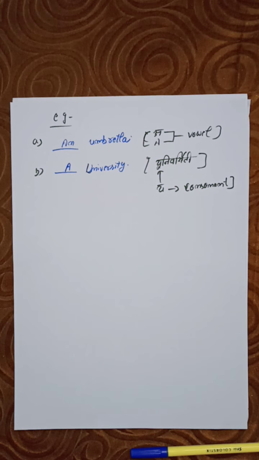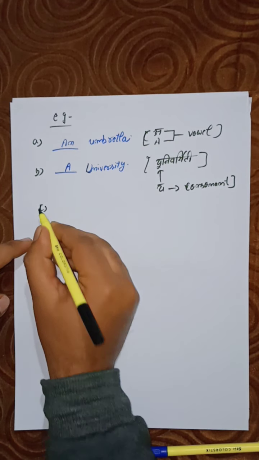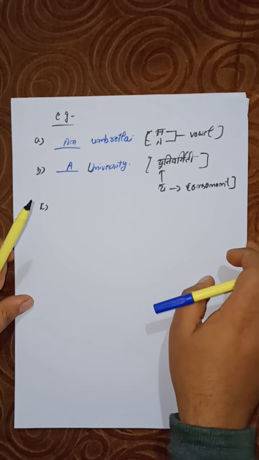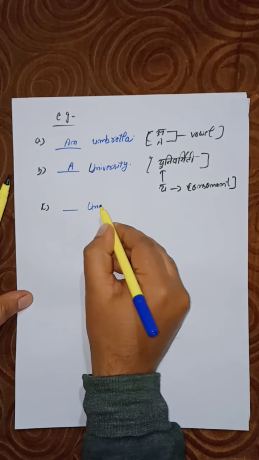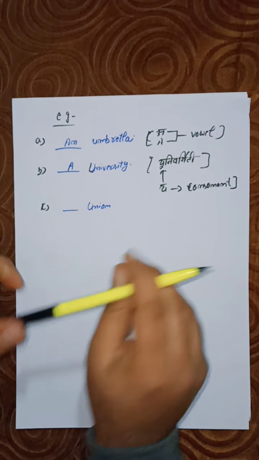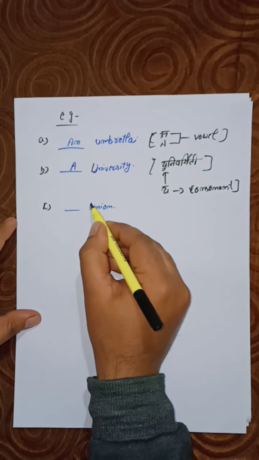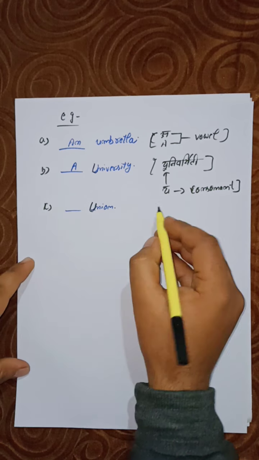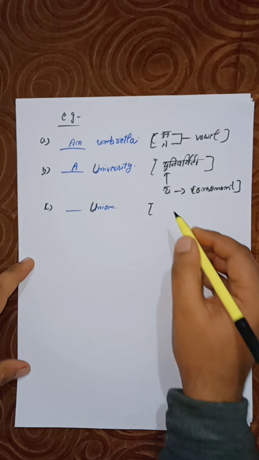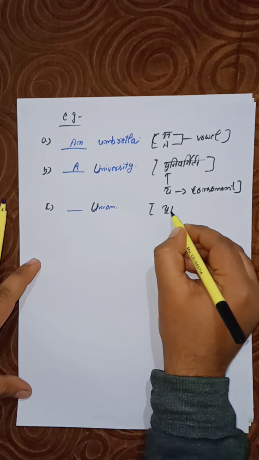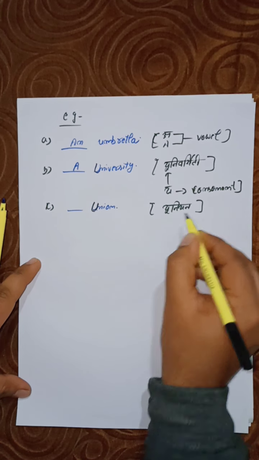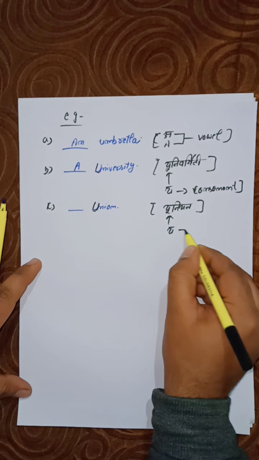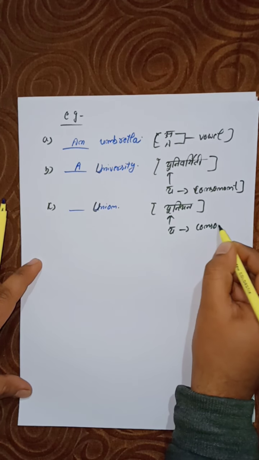Let's take one more example: dash union. The first sound of the pronunciation of the word is like this: union, yu in Hindi, and ya is a consonant in Hindi.